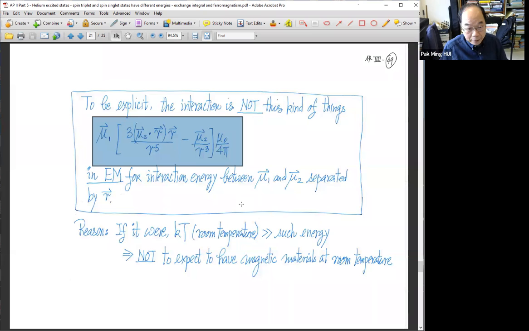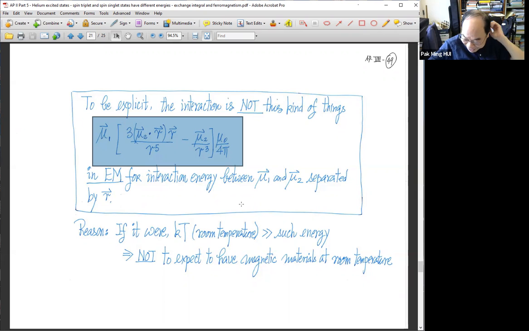Now let me explain. This is a little bit of thermophysics. In thermophysics, thermal means thermal energy, it's kT. But temperature tends to randomize things, right? For that reason, at finite temperature, I think many of you will have your midterm next week, right?